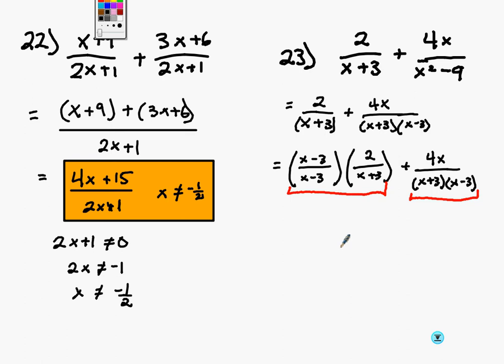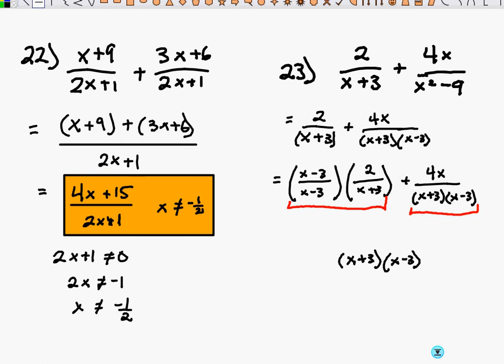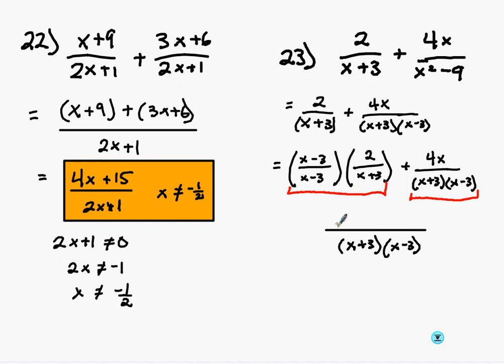So we simply have x plus 3, x minus 3. In our numerator, we have 2 times the quantity x minus 3, plus 4x.